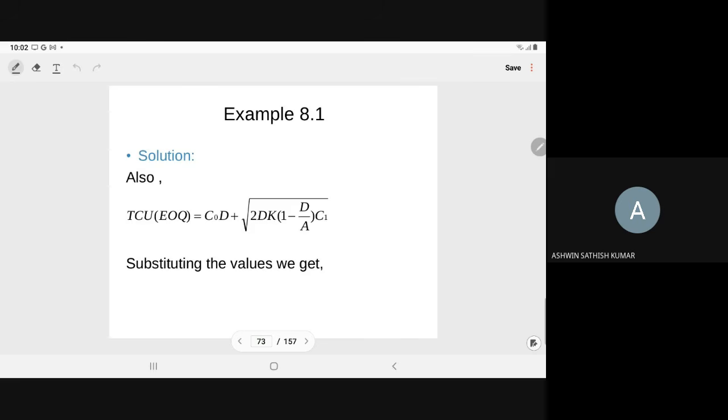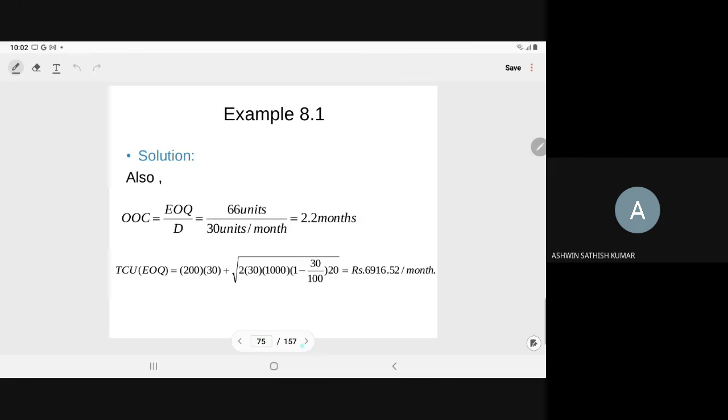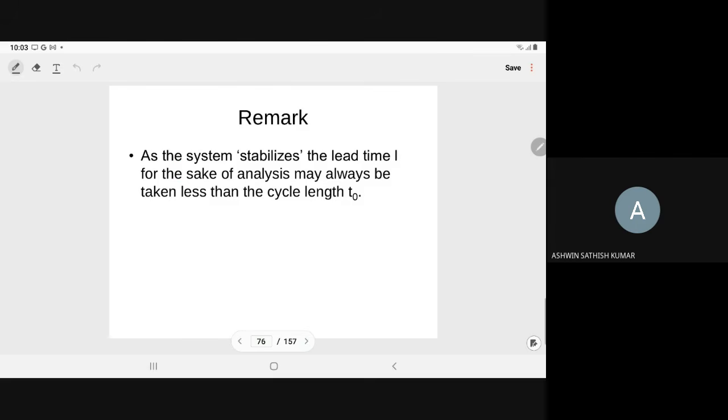So when we substitute the values of K, D, C1, C naught, you will get the EOQ as 66 units. It's simple, you can do the calculation. And OOC or T naught will come 66 upon 30, that is 2.2 months. And TCU is equal to 6916.52.